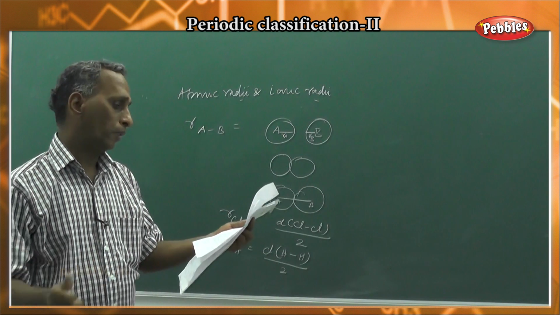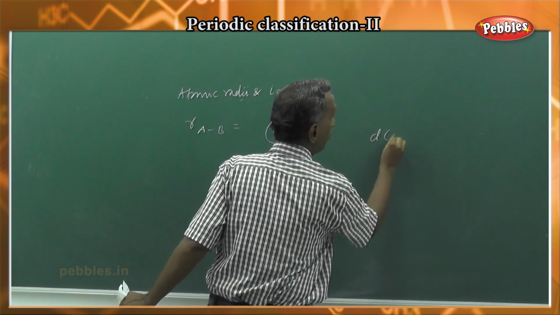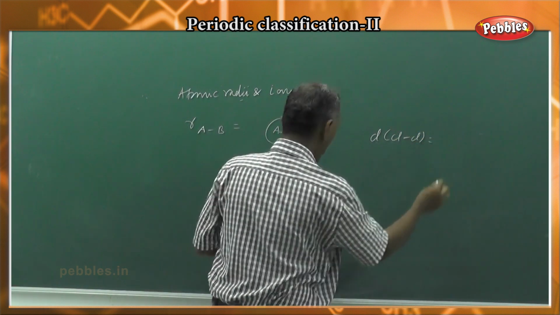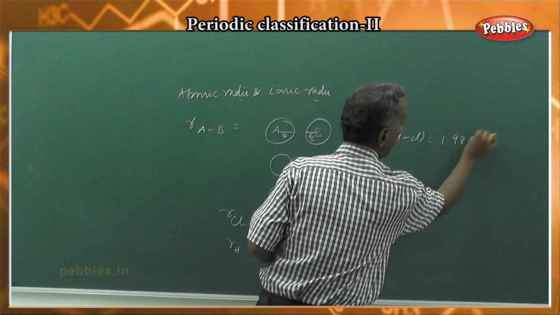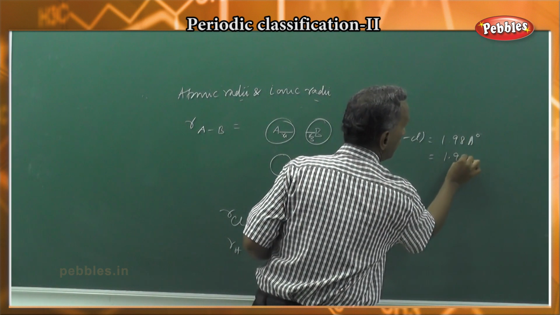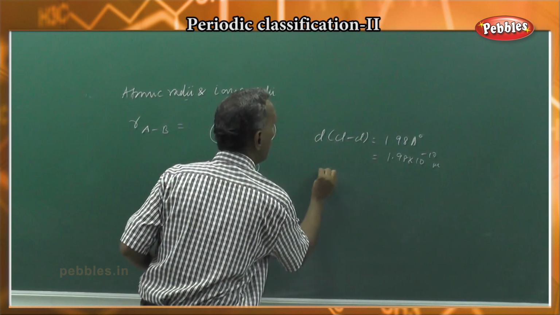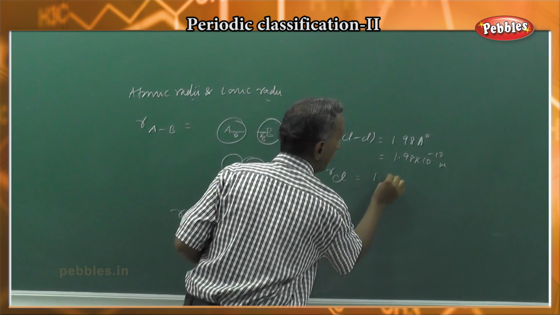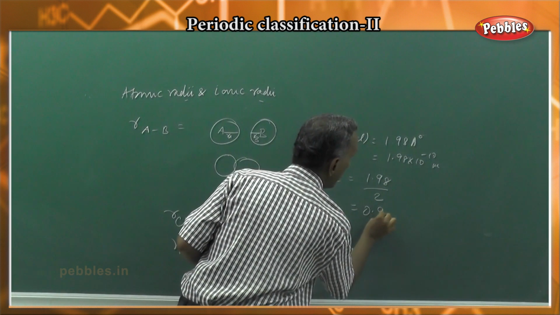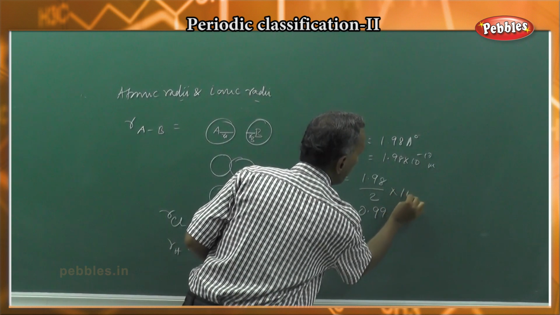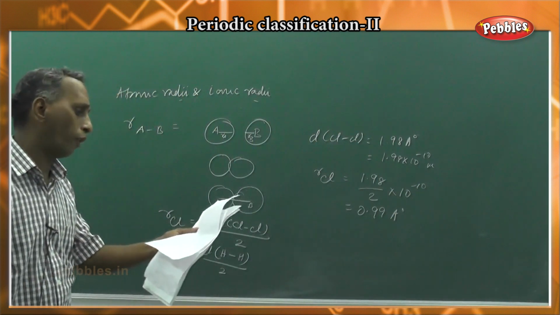For example, the distance between two chlorine atoms is given as 1.98 angstrom. Angstrom we have already seen, 1.98 into 10 power minus 10 meter. So the radius of the chlorine atom is 1.98 by 2, which is 0.99 into 10 power minus 10 meter, or 0.99 angstrom.